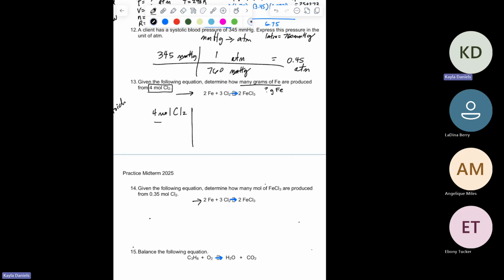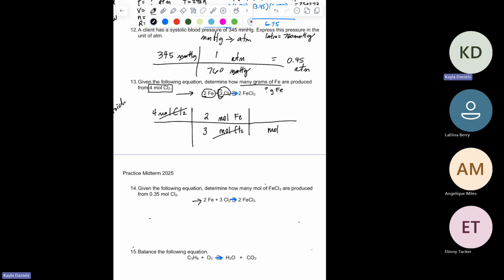All right, so step one, using those mole to mole ratios. Right now I'm in moles of Cl2 and I want to get out of moles of Cl2 and into moles of Fe. So for every 3 moles of Cl2, there are 2 moles of Fe. So 3 moles here, that's where I got that, 2 moles here. So now I'm out of moles of Cl2 and I want to get to grams.